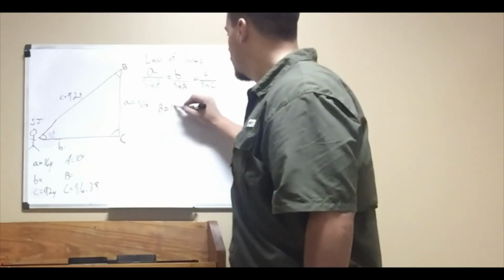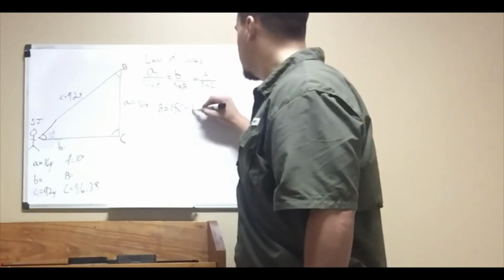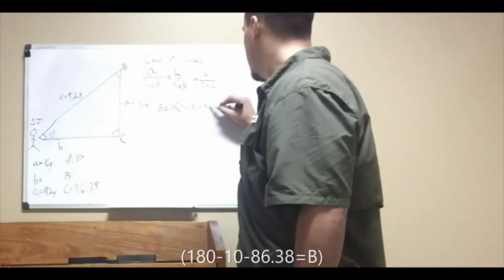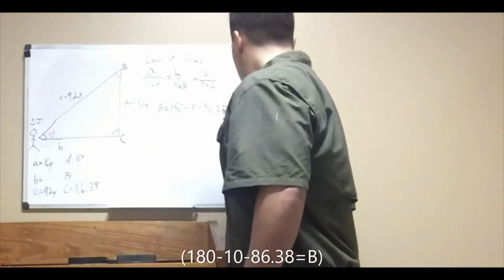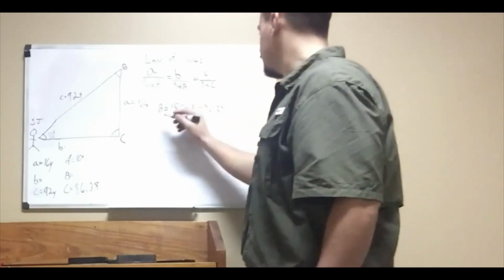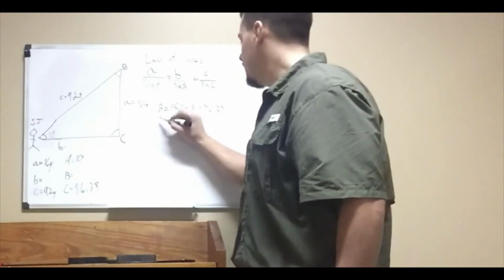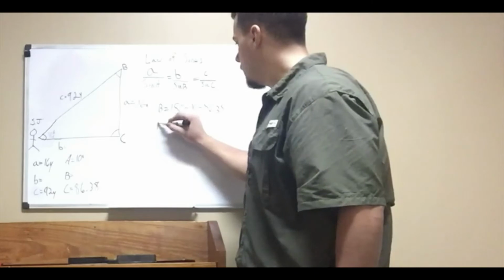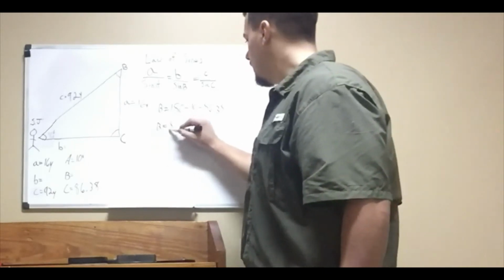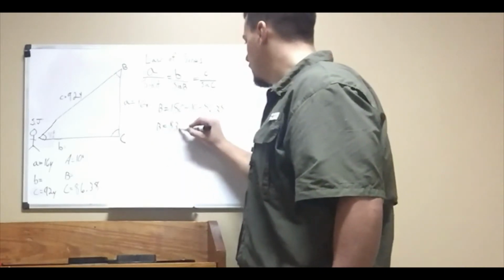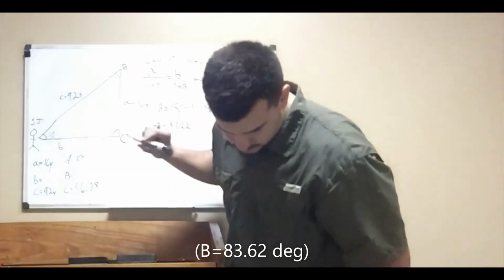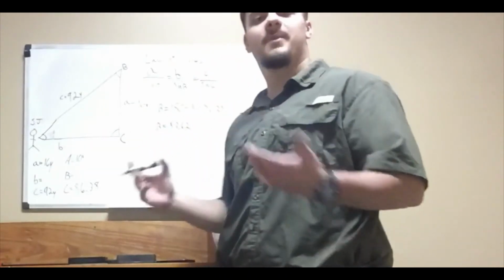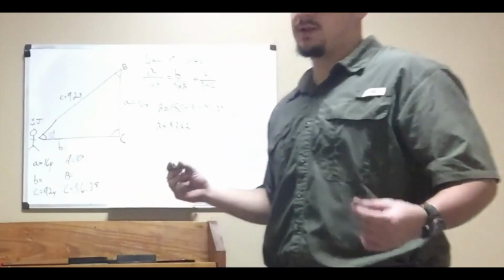B equals 180 minus 10 minus 86.38. And that leaves us with 83.62, I believe. Yes. And bam, now we have all the angles that we need.